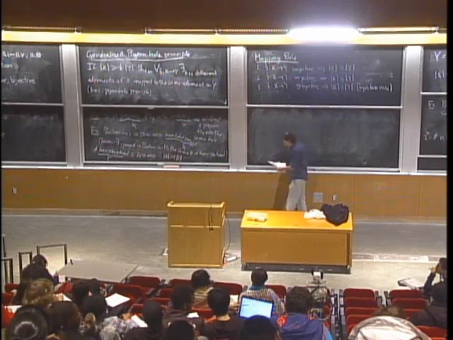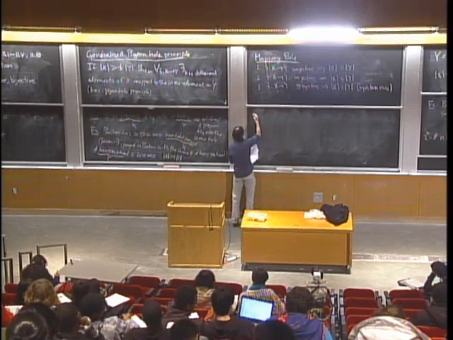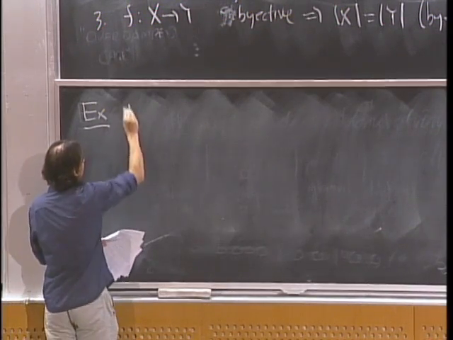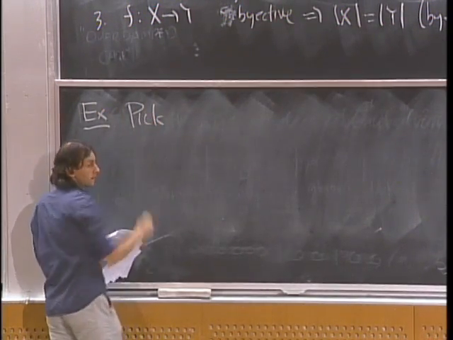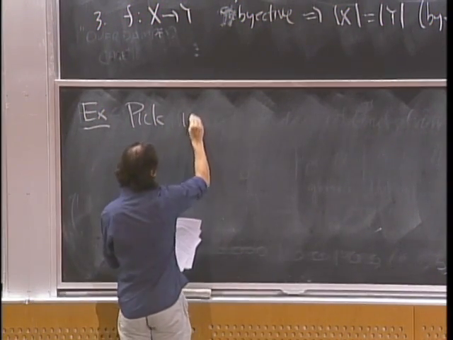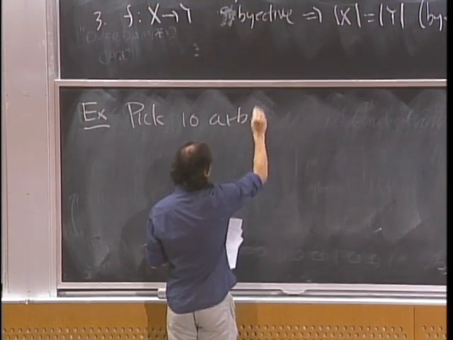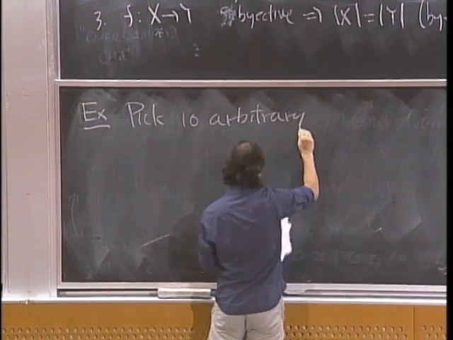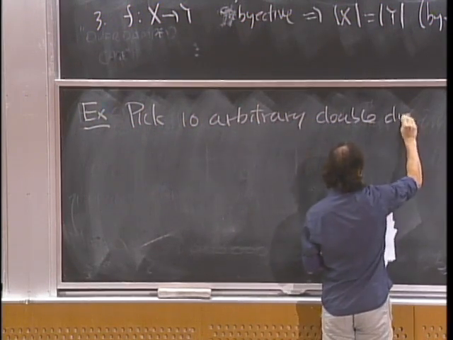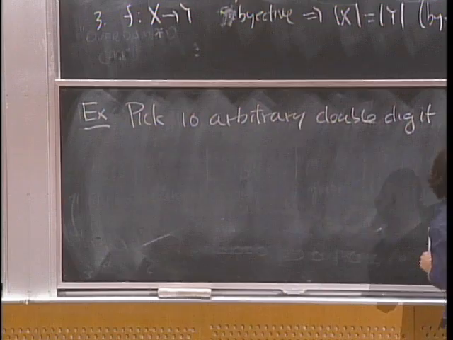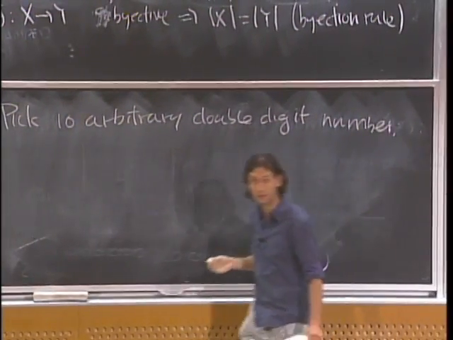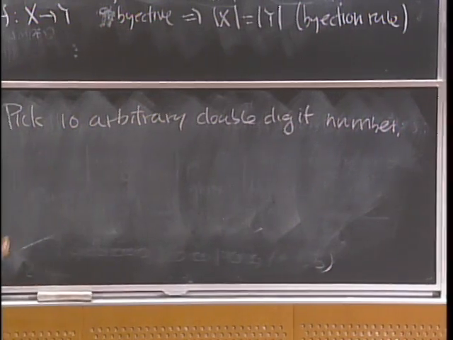Okay, so what about another one? For example, we may pick 10 arbitrary 2-digit numbers. Well, we can pick any sequence of numbers. I'm just picking a few.